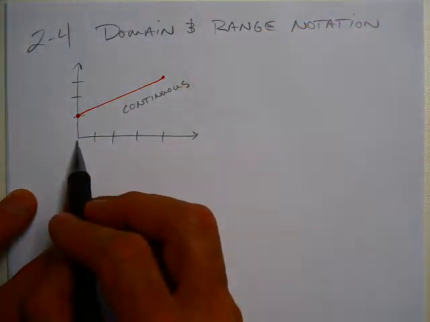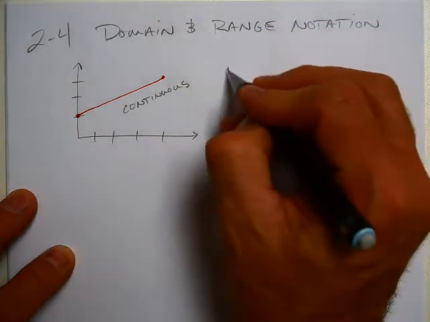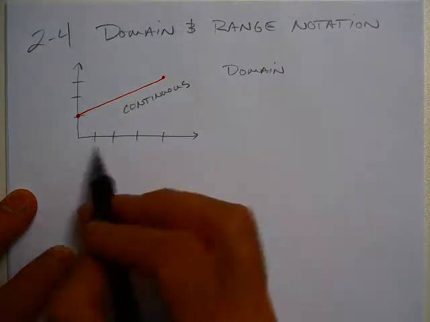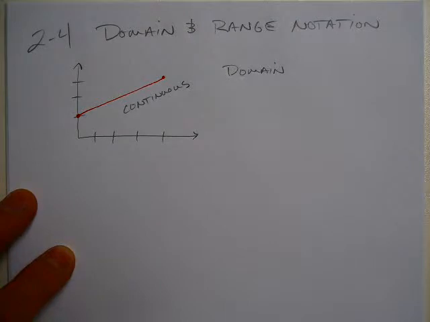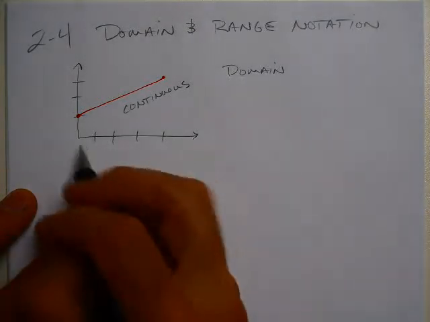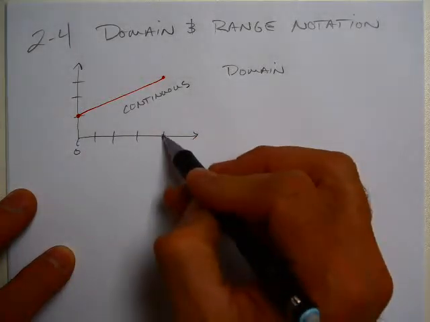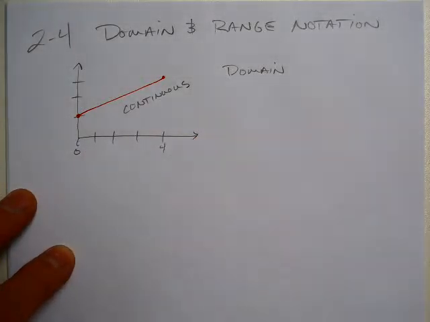And for the domain, it starts where x equals what? 0. Good. So here's 0, and it ends when x is 4, right?